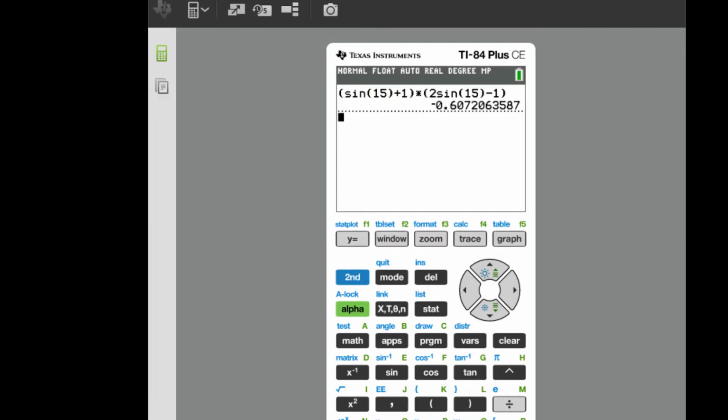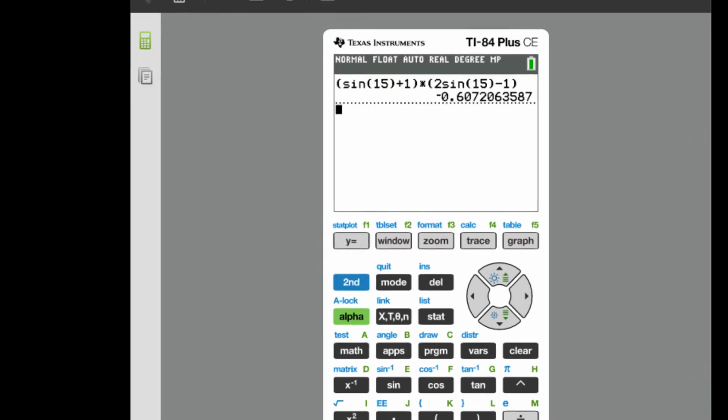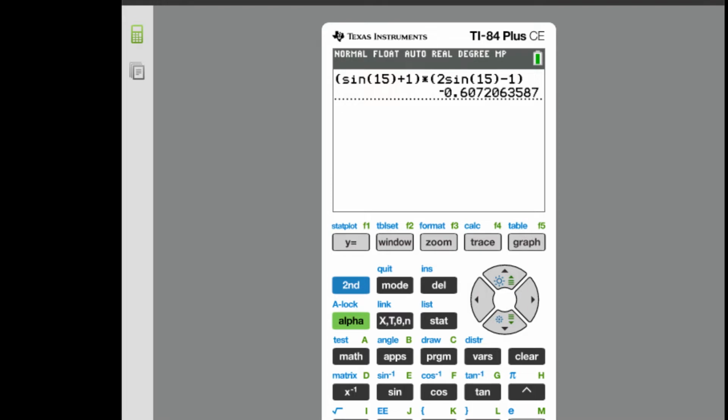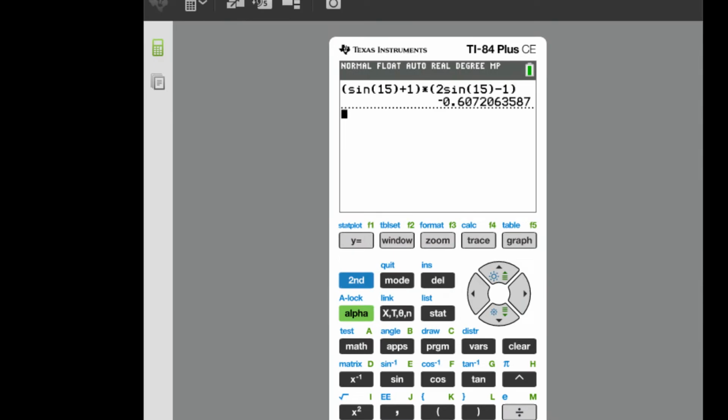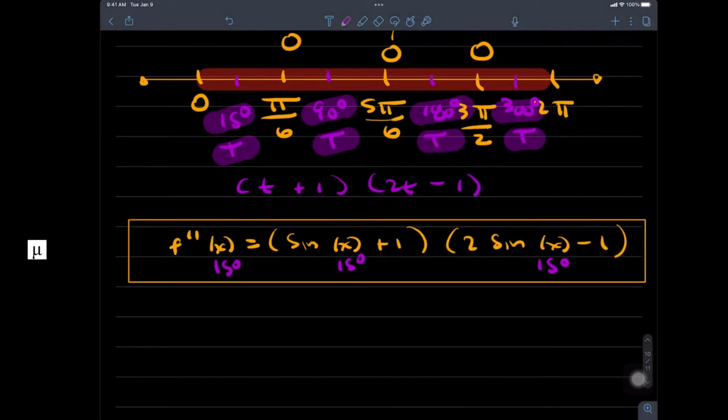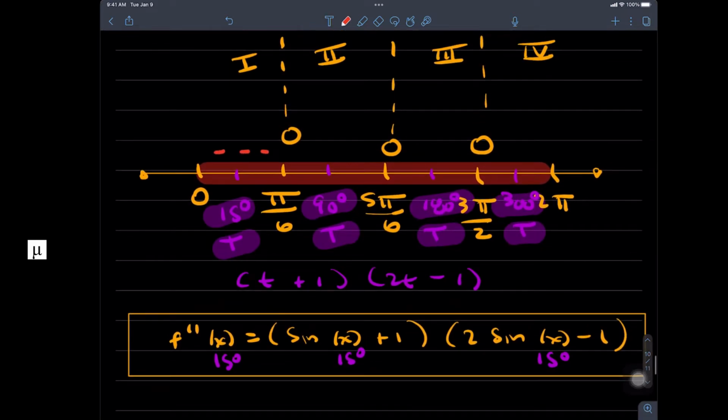And so what do you guys get here? Do you guys get a negative answer? Maybe we should scroll right in. I don't know if that helps us. I don't really care about the value. We only care about the sign. So that looks like quadrant 1 is, in fact, negative, ladies and gentlemen. You can see that there. Okay? You guys okay with that one?